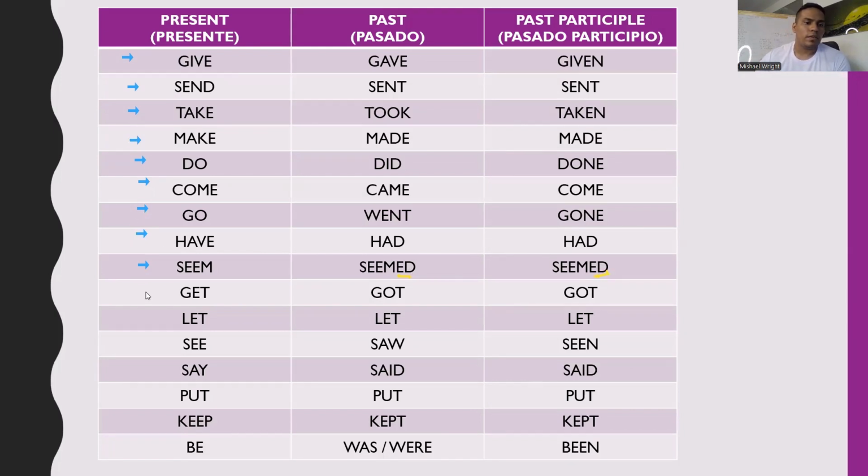The other one is get, got, or gotten. The past participle can also be written gotten in some parts of Europe. So you can say gotten. Okay, so let.